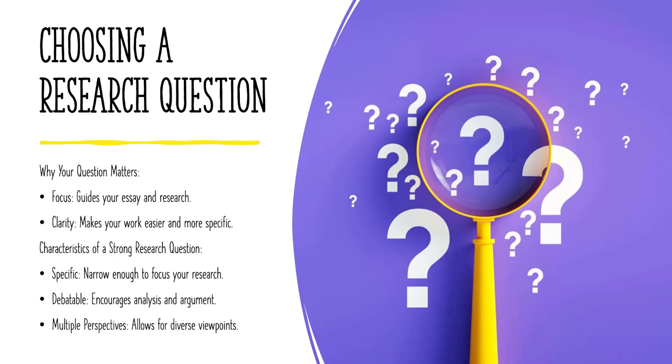Multiple perspectives. A strong question allows for diverse viewpoints. This is key to writing an essay that explores the issue from different angles and helps you build a balanced, well-rounded argument. Having a clear, specific, and debatable research question is the first step to a successful essay, so take time to make sure yours is solid.